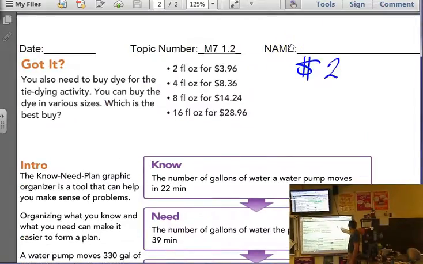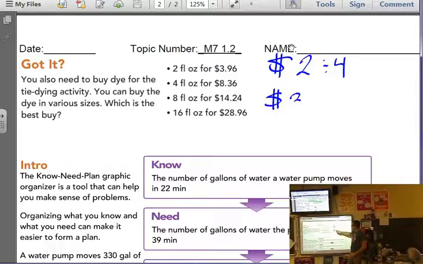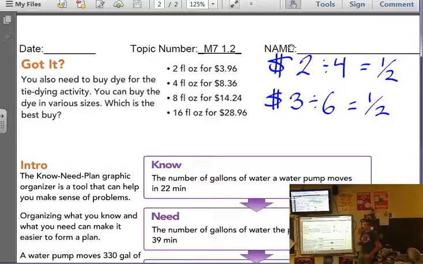So you said $2 for 4 cans, right? And then you said how much for 6? 3. So if it was 3 for 6, 2 divided by 4 is 1/2 or 50 cents. 3 divided by 6 is 1/2 or 50 cents. Sometimes the various different quantities end up with the same unit price, but almost always they're different.